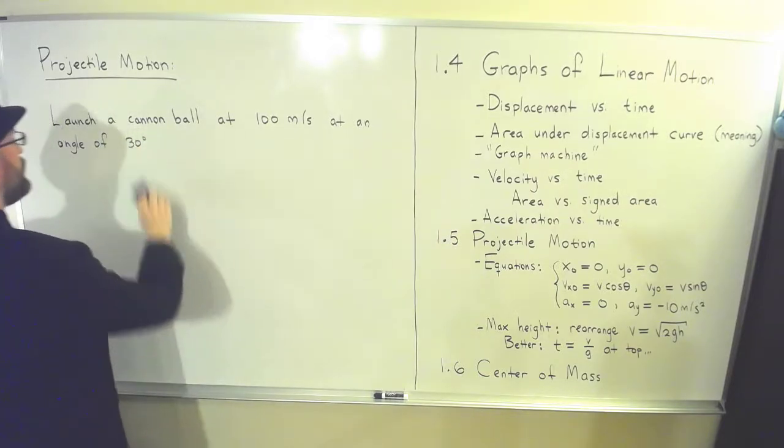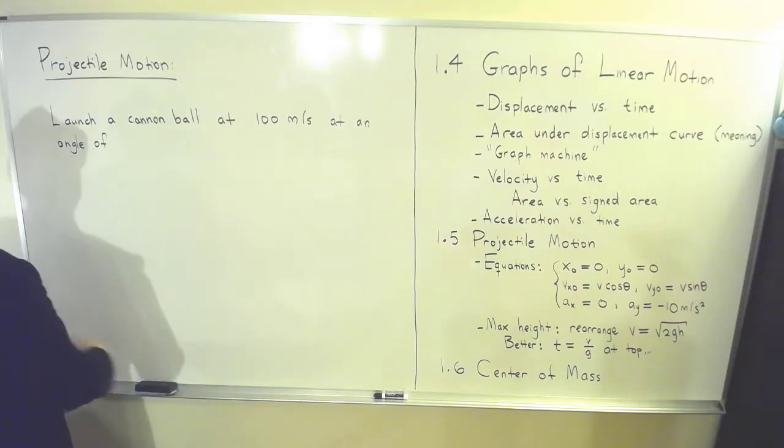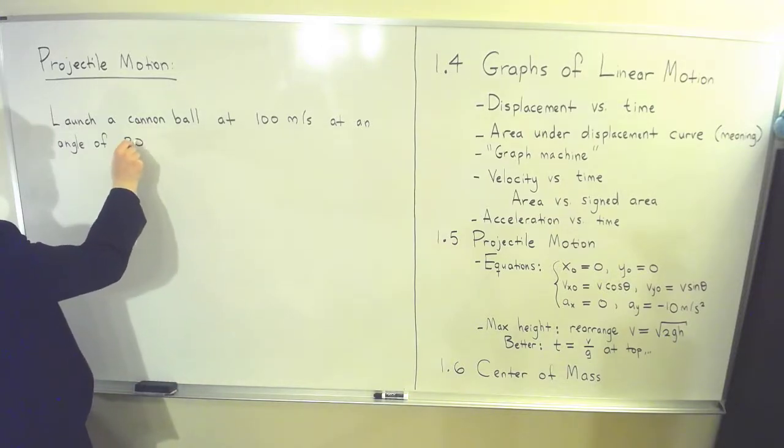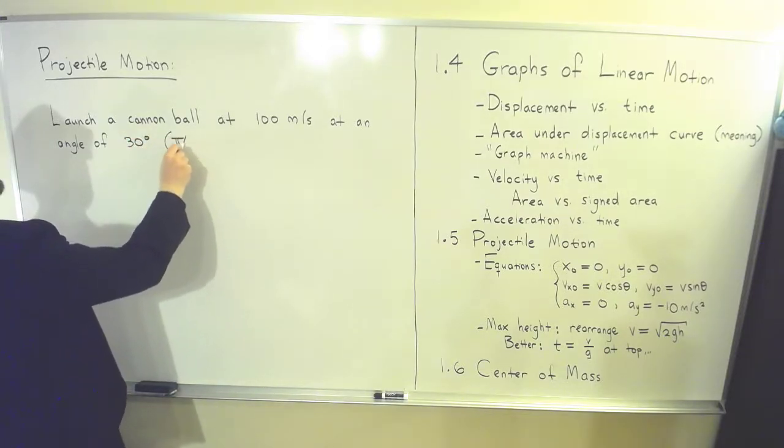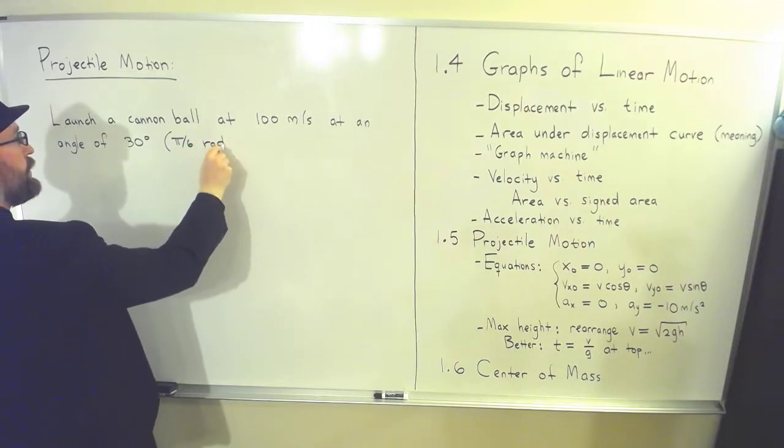Well, let's say 60 degrees instead. No, 30 degrees. This will be easier to draw. So 30 degrees, and if you like radians, this is pi over 6 radians.